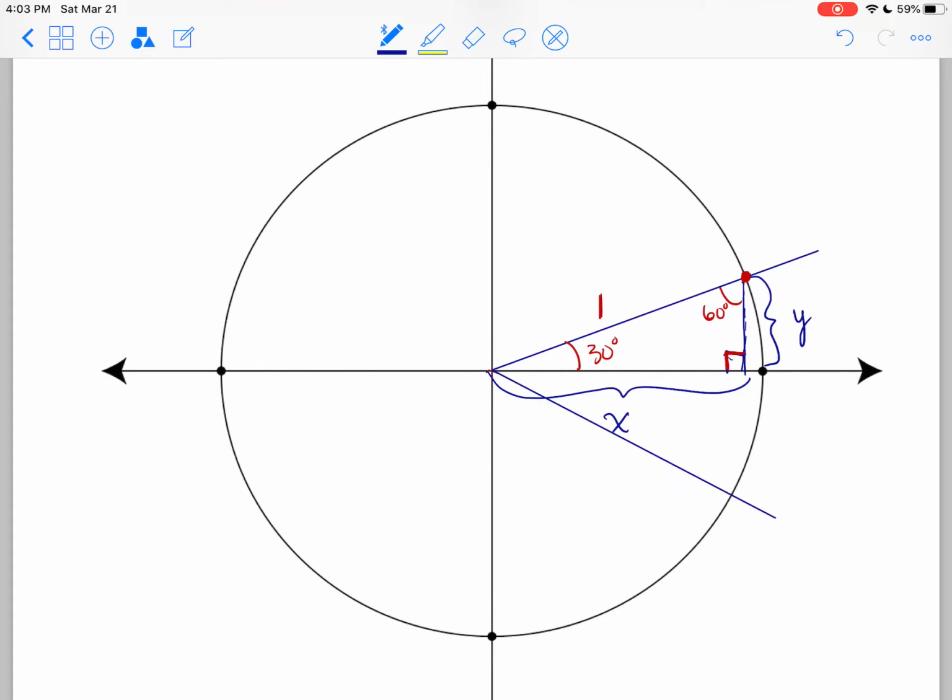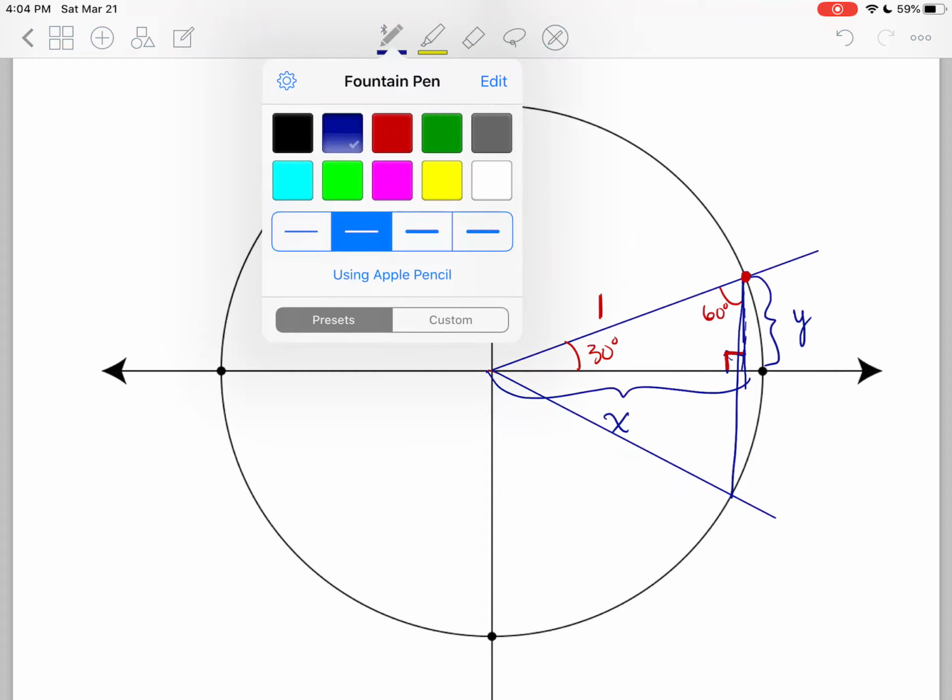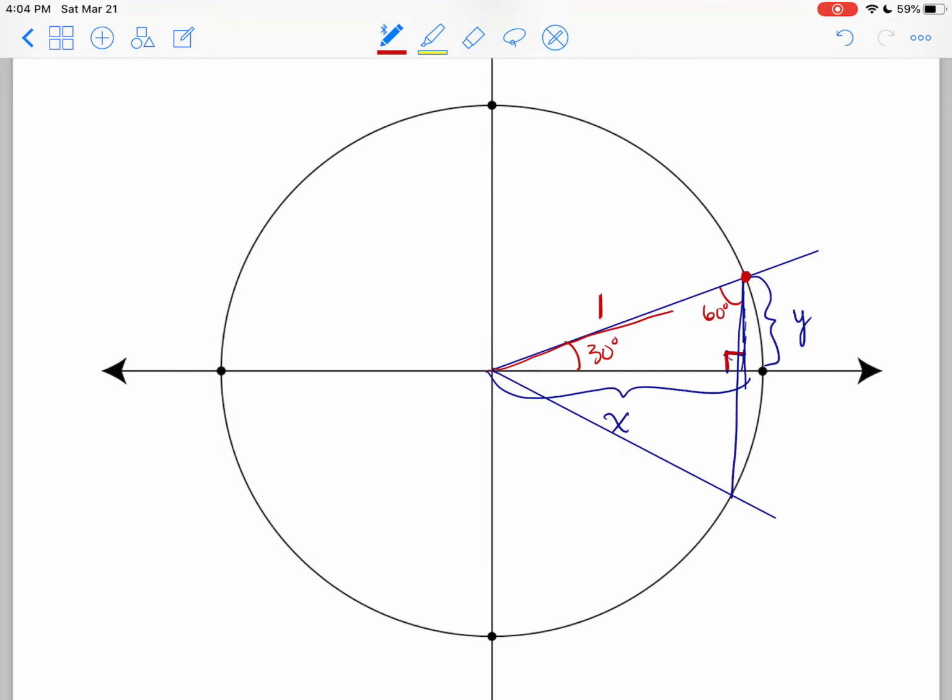I'm going to do my best mirror image of this thing. So this is now this triangle right here. Let me outline it in red. It might not look like it, but I'm actually trying to draw an equilateral triangle.